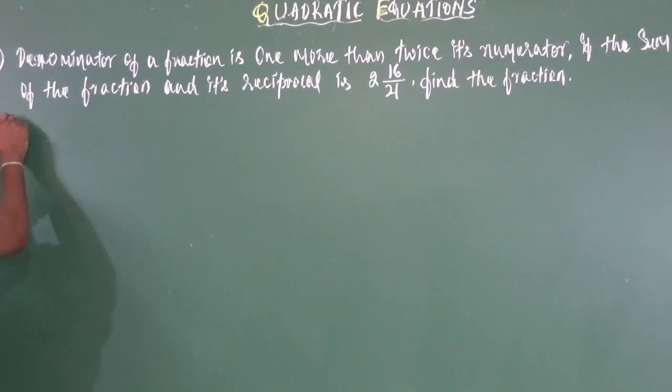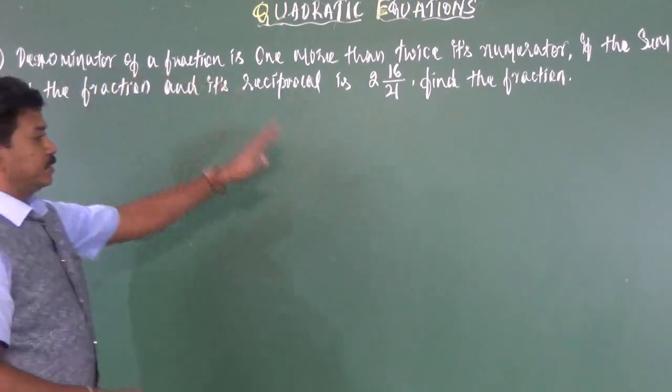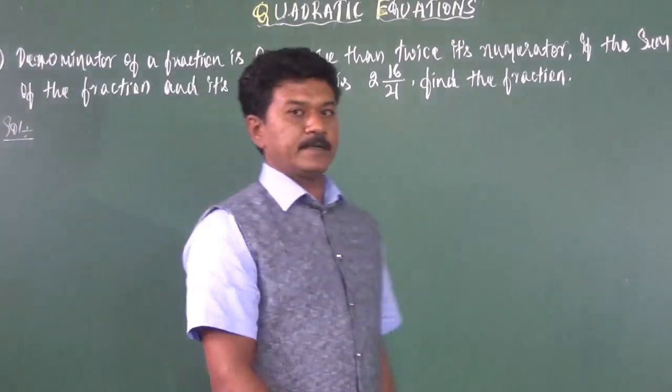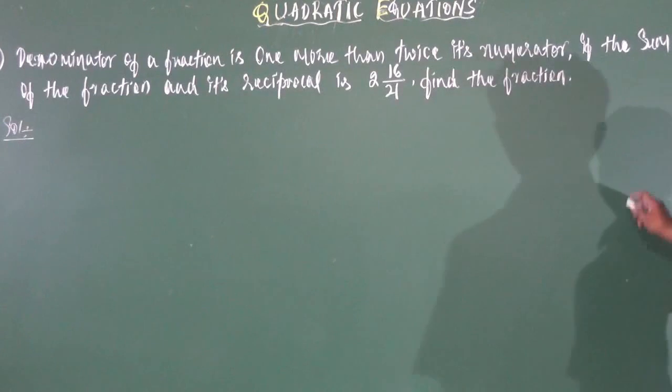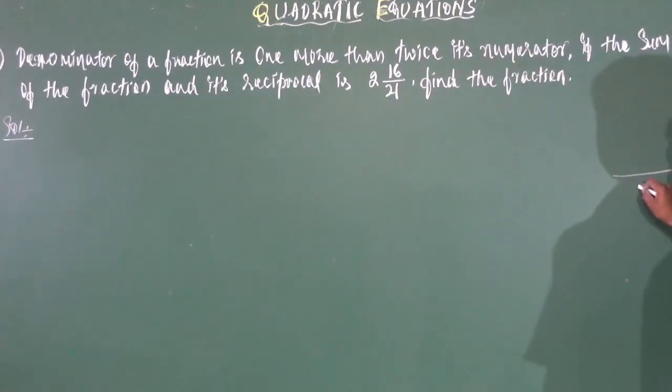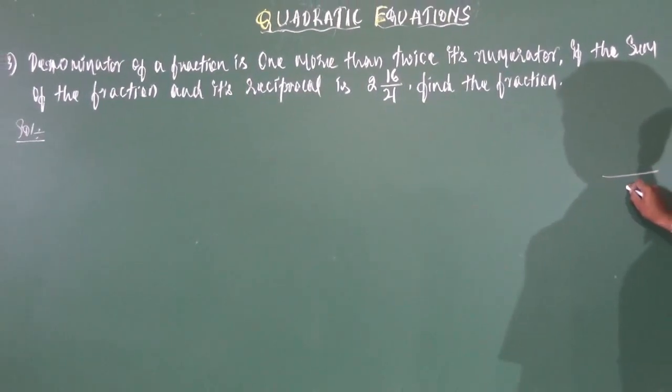Okay, let us get into the problem here. A fraction has a numerator and a denominator. The number which comes in the lower part of the fraction is the denominator. So the denominator of a fraction is 1 more than twice its numerator.